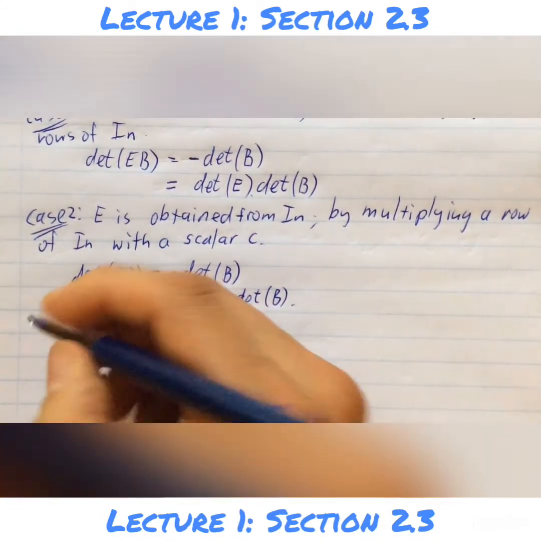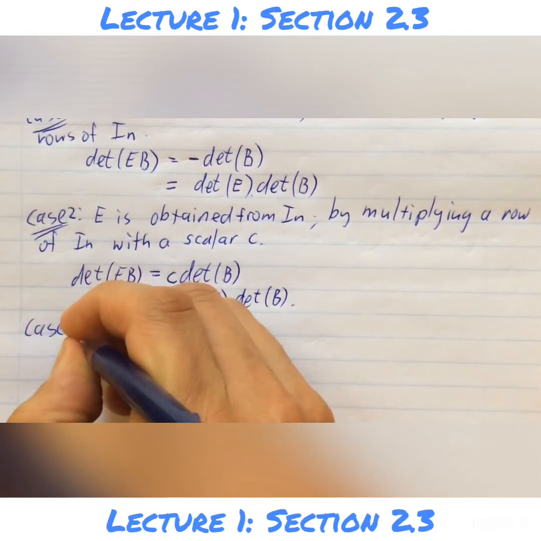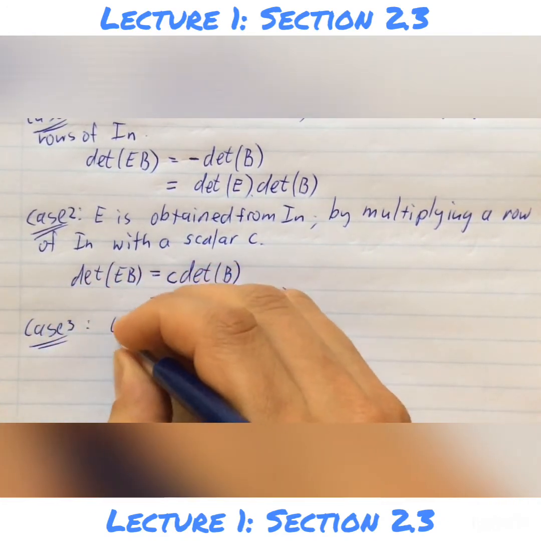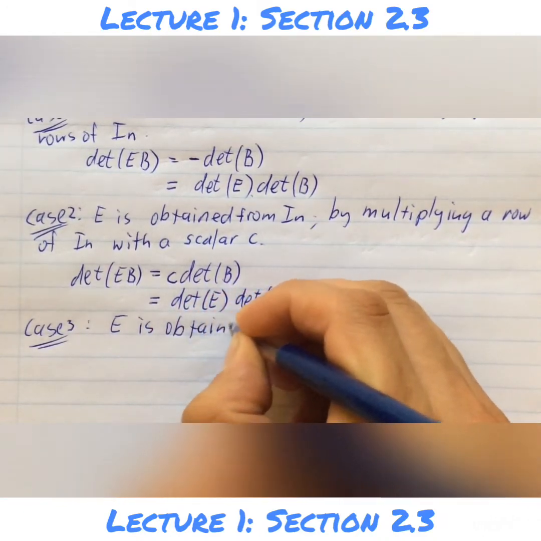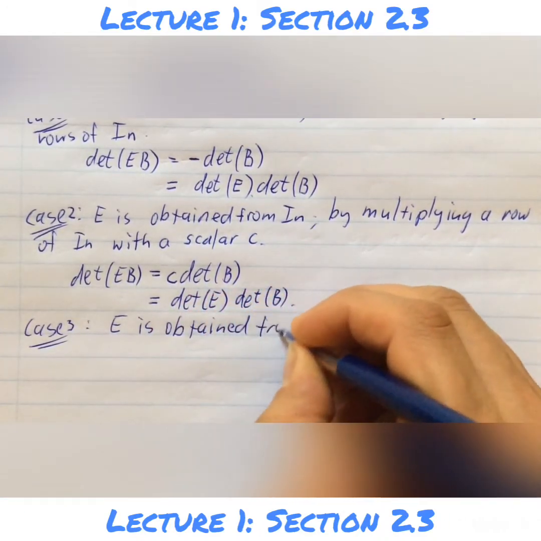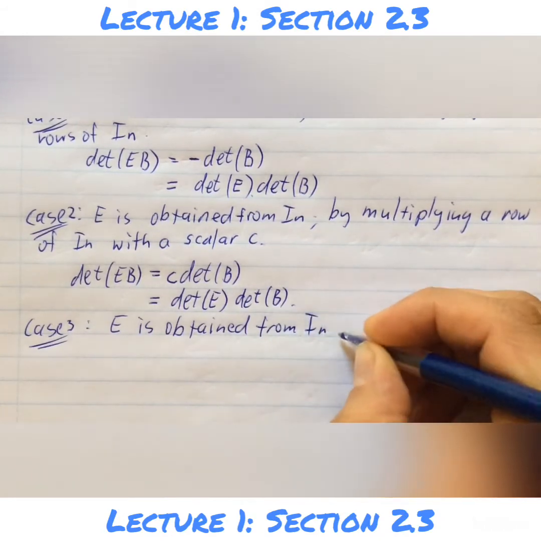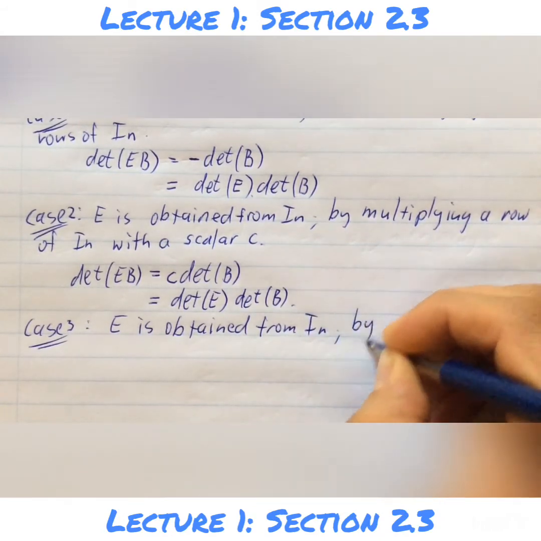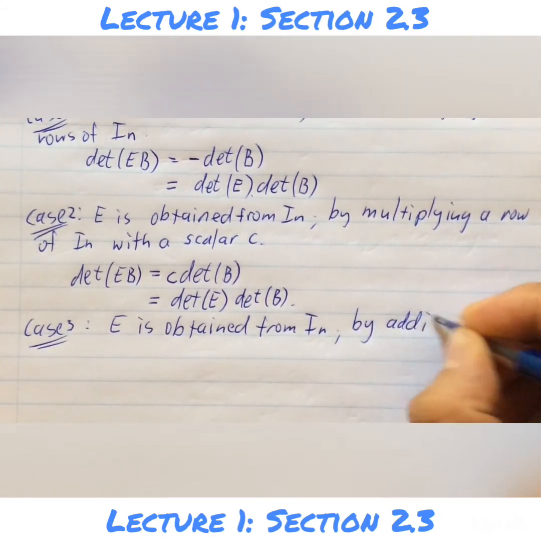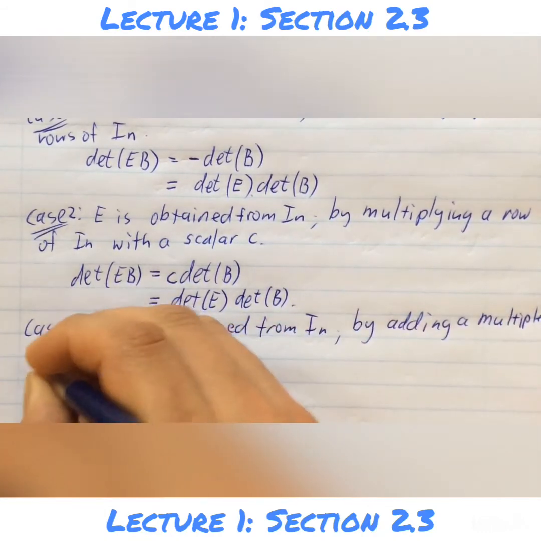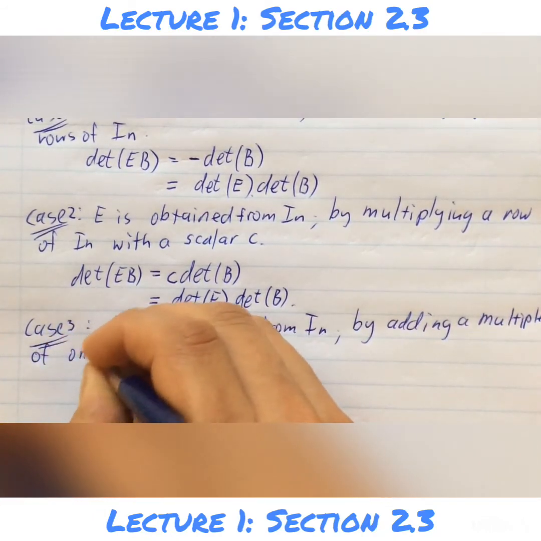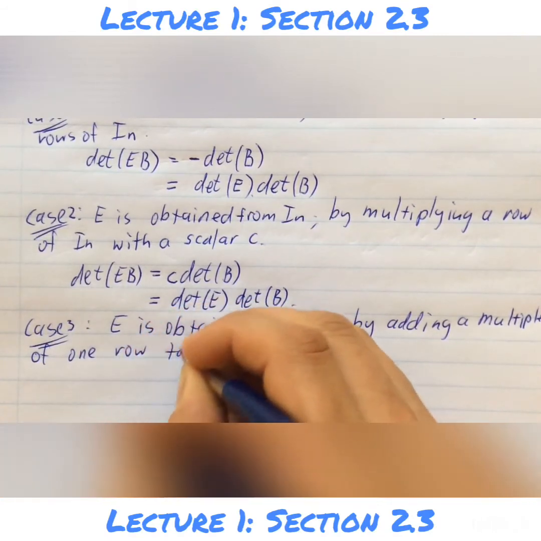And then the last case is E is obtained from I_n by adding a multiple of one row to another.